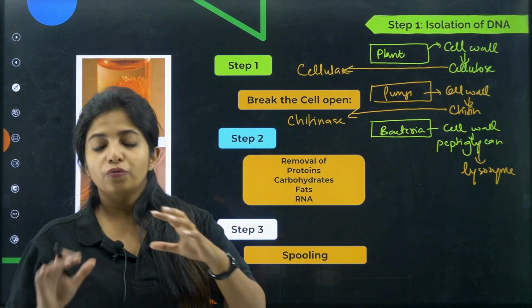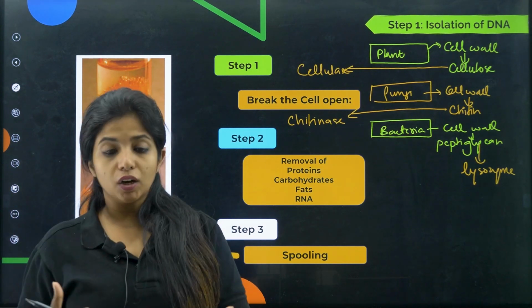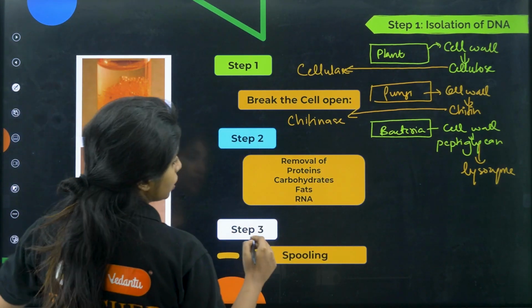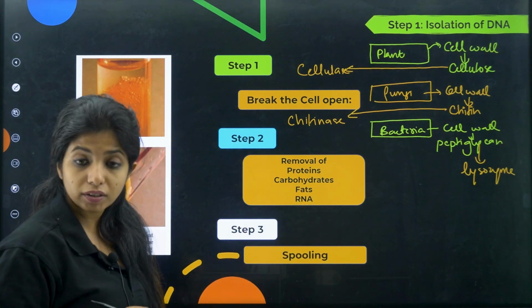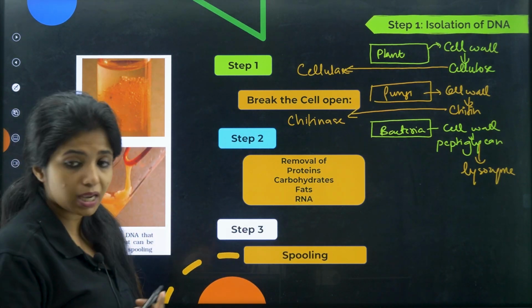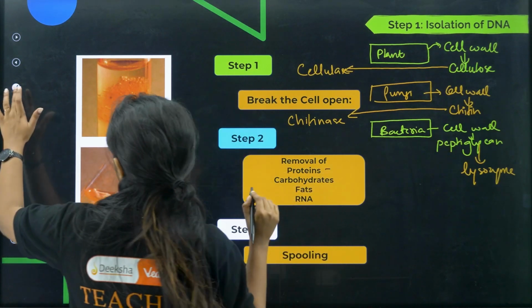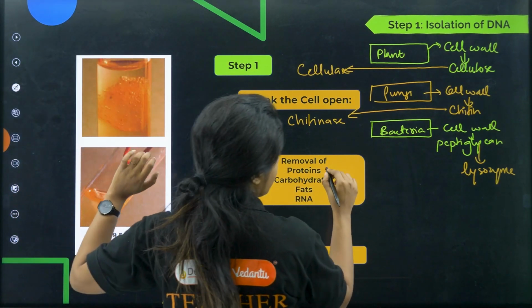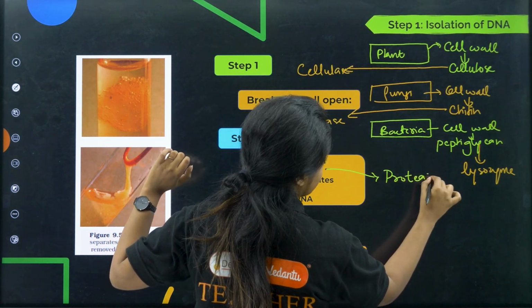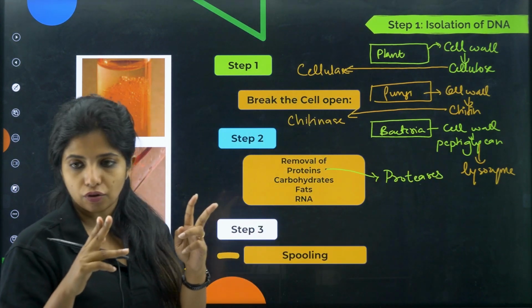Next thing. When I try to take the DNA, along with the DNA there are chances that proteins could come. Along with that there are chances that carbohydrates could come, fats could come, RNA could come. So I should be treating this solution with different types of enzymes. For proteins, I should have an enzyme which is protease, which would cleave the proteins off.